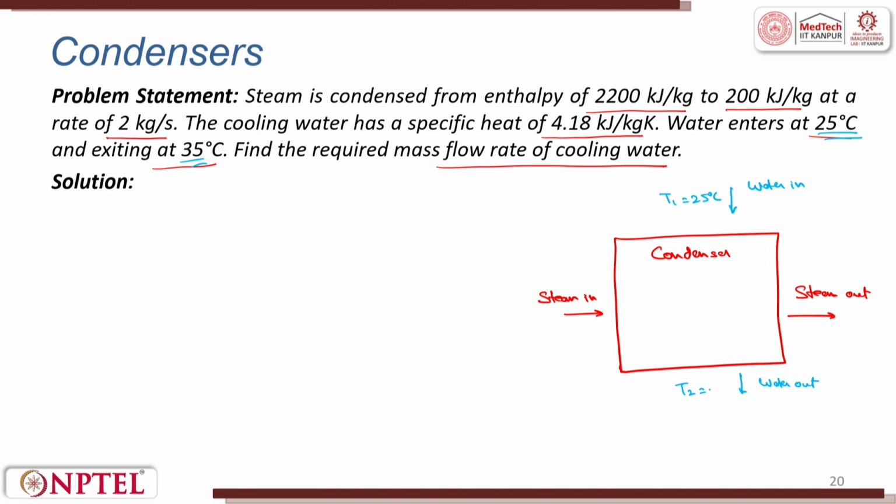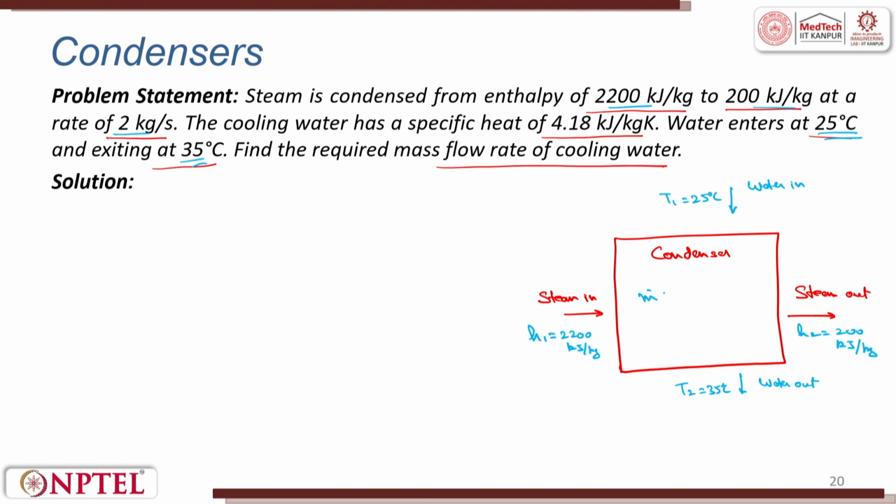I will put T2 as 35 degrees centigrade, and it says the steam is condensed from enthalpy of 2200 kilojoules per kg to 200 kilojoules per kg. So here enthalpy H1 is 2200 kilojoules per kg and H2 is 200 kilojoules per kg, and it is also given the mass flow rate, 2 kg per second.